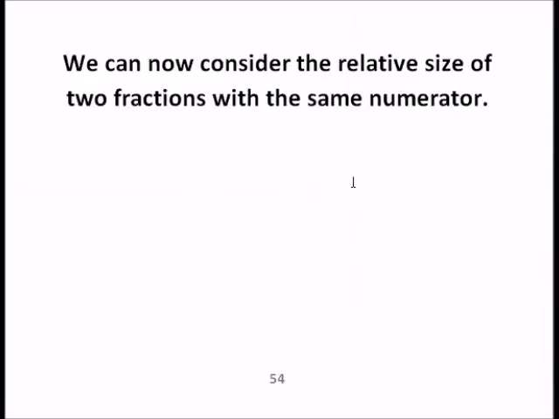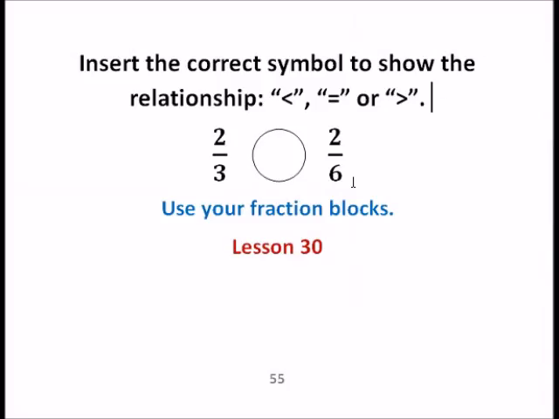And now we can consider the relative size of two fractions with the same numerator. So let's compare 2/3 with 2/6. We ask them to take out the blocks. This is now, we're up less than 30 here. So this would be if you do 2 or 3 lessons a week, you're talking about 2 or 3 months into the program.